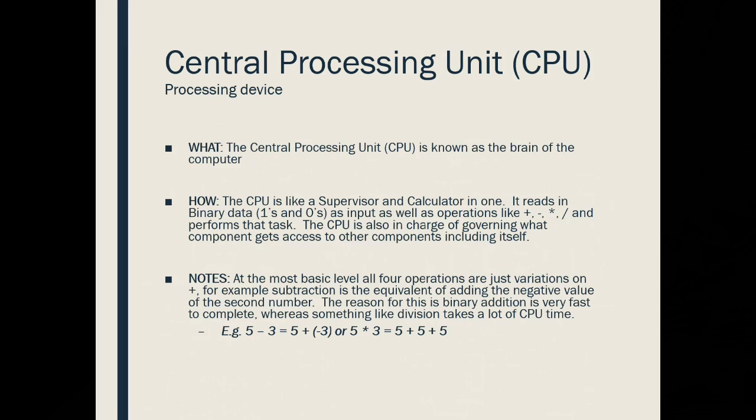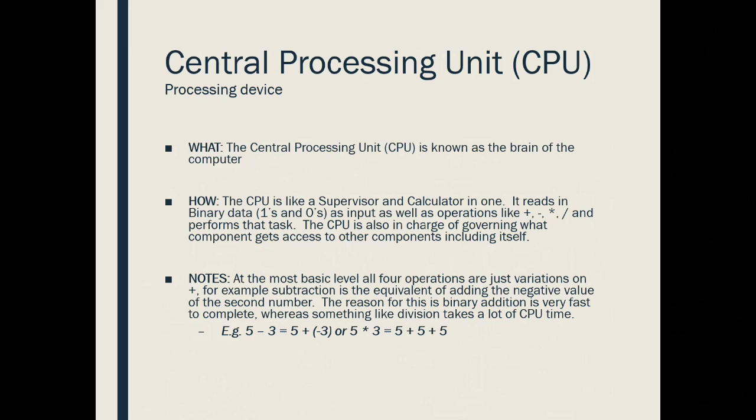It reads in binary data, ones and zeros, as input, as well as operations: plus, minus, multiply, divide, modulus, all sorts of different things. And it's in charge of governing all the components that get access to one another, as well as doing the math. So at the most basic level, when we're talking about math, this is really all the CPU does: add. All other forms of math can be converted into addition for the most part.